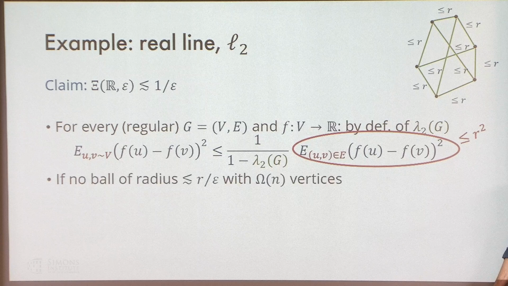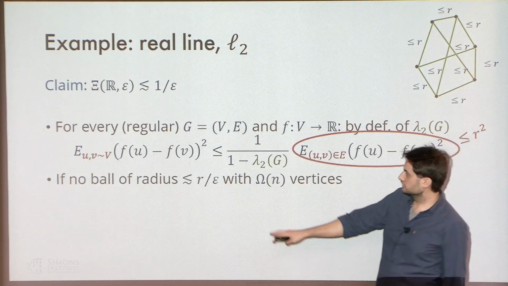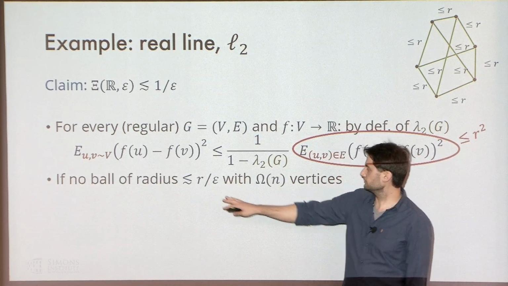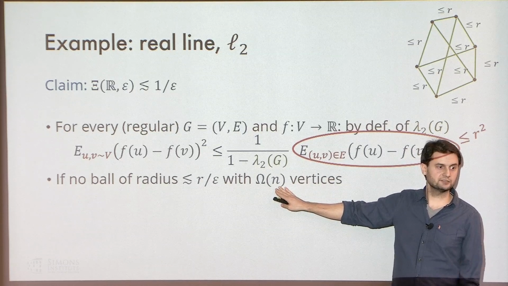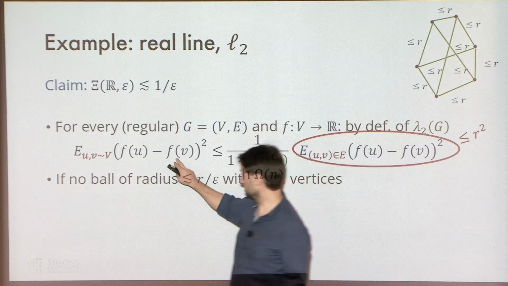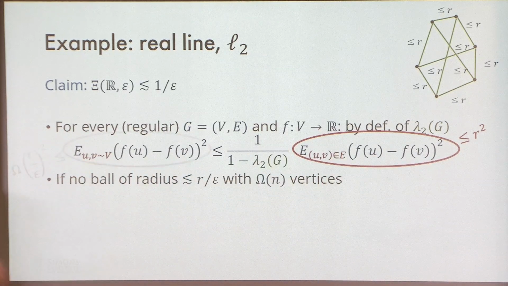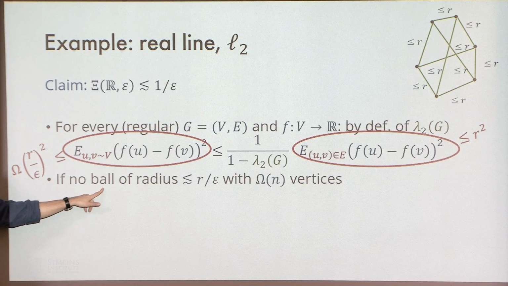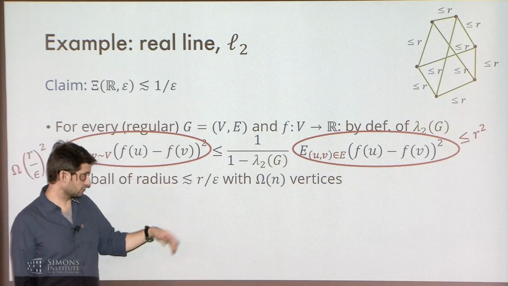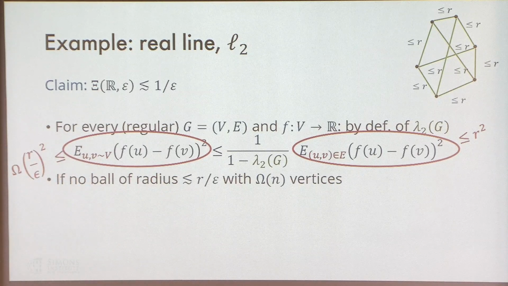So now, if it happens that there is no ball of radius roughly r by epsilon which contains omega n vertices, this means that the average distance, this quantity, must be at least r by epsilon squared. Right? If this is not true, then basically by Markov, there exists a ball of radius r by epsilon, which contains a constant fraction of the vertices.